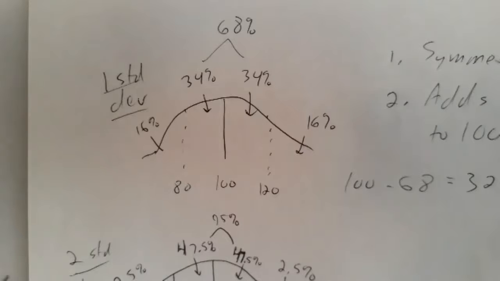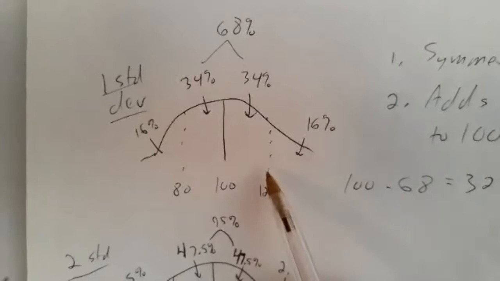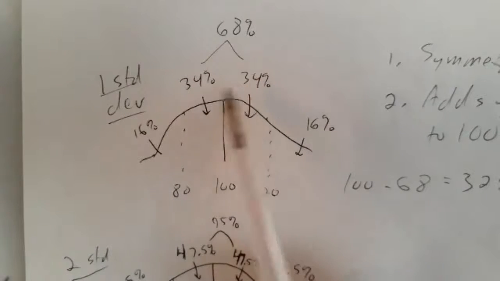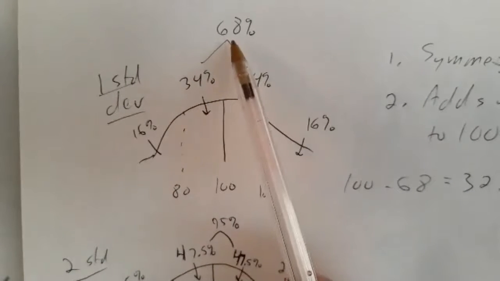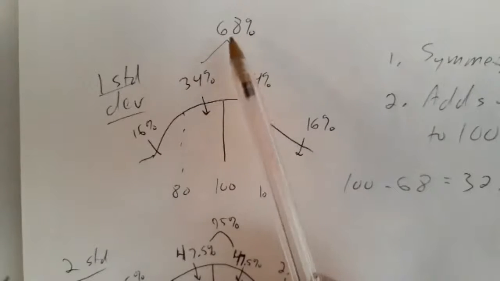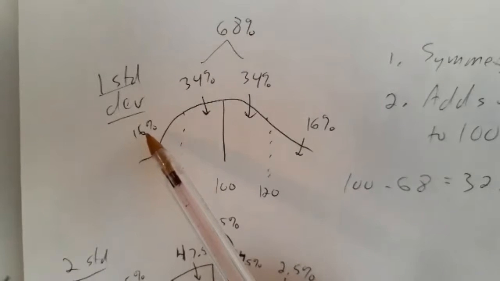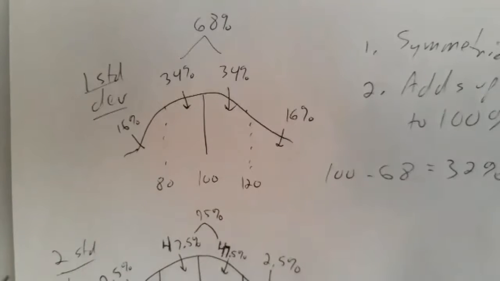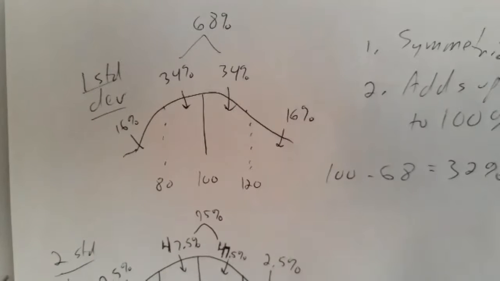Okay, let's go over these. F says less than 120. What all does less than 120 pick up? We're picking up the 68, and we're also picking up the 16. What is that going to give me? 68 and 16 should be 84.